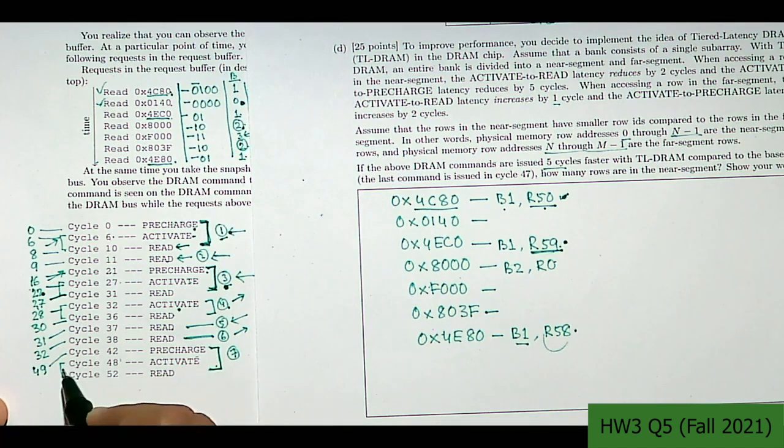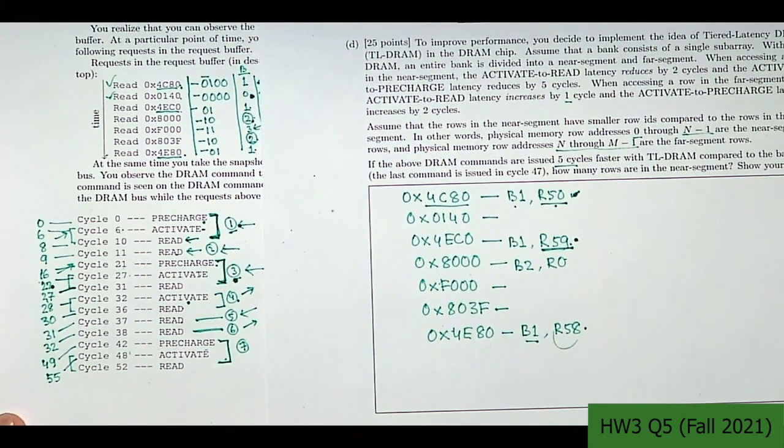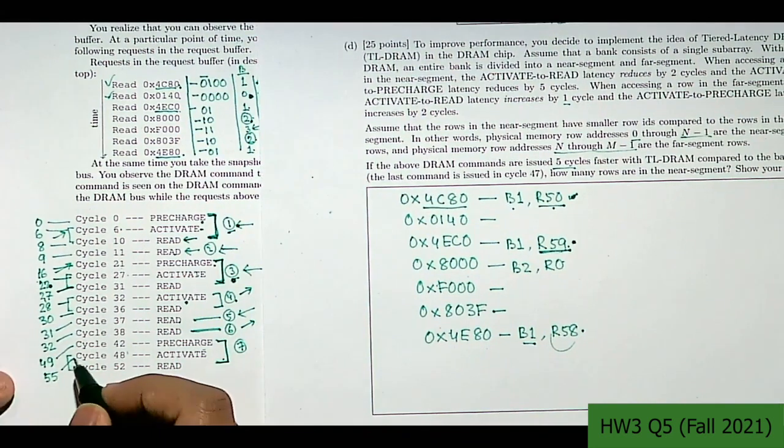Okay. Now pre-charge to activate is 6 cycles. So I'm already passing. Did I do something wrong? You added 17 to 32, which is not right; you added your activate to pre-charge latency to the wrong time. Oh, I'm so sorry.